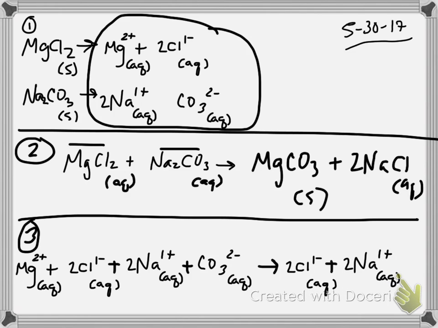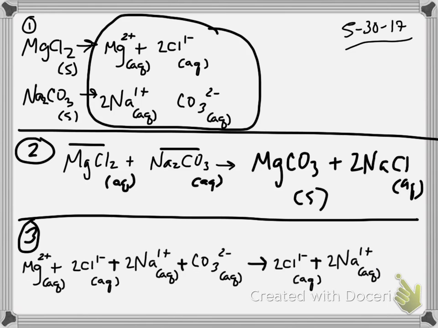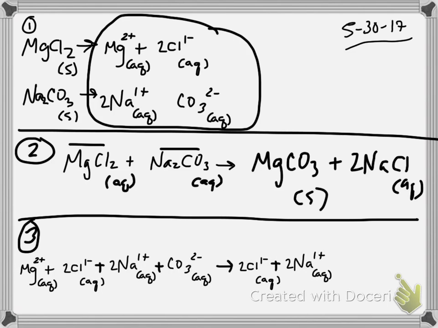But the magnesium and carbonate, when they see one another across a crowded room, when their eyes meet, in fact, they will become locked in the embrace of an insoluble compound. And we get this precipitate of magnesium carbonate. That is our overall ionic equation. That shows every single thing that's in there, start to finish.